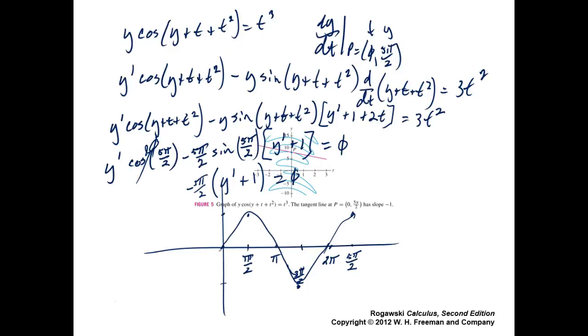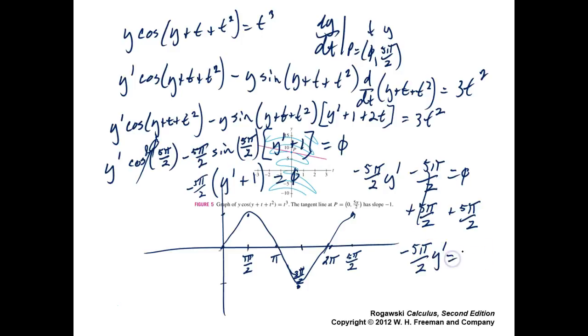To clean this up, write that as minus 5 halves pi times y prime minus 5 pi over 2 is equal to 0. Add the 5 halves pi to both sides, and you have minus 5 halves pi y prime is equal to 5 halves pi. Divide this away and you get minus 1. Y prime is equal to negative 1. That's all they asked for.